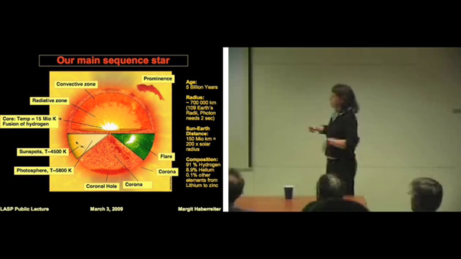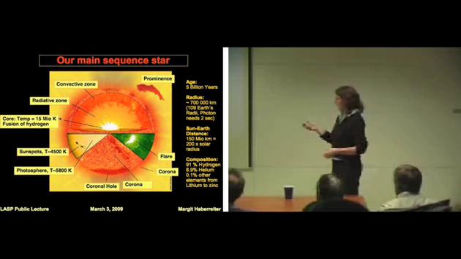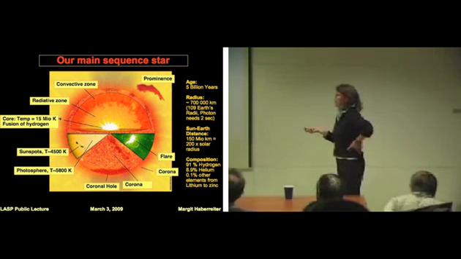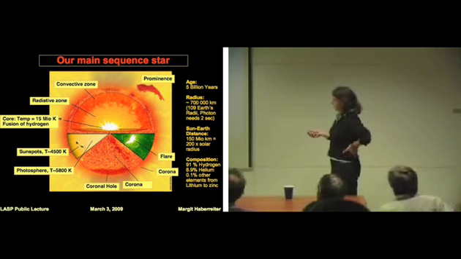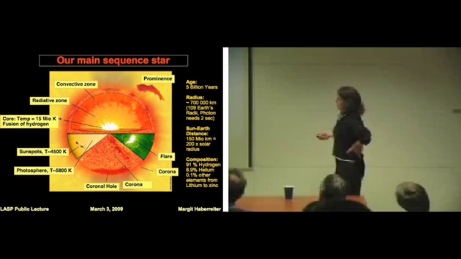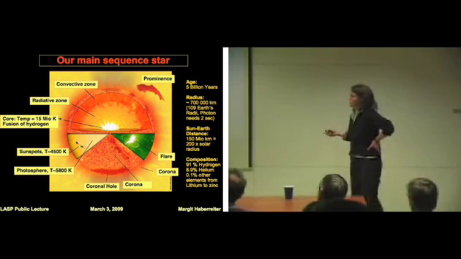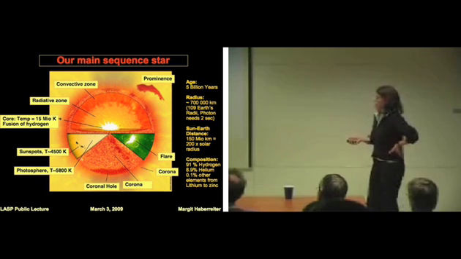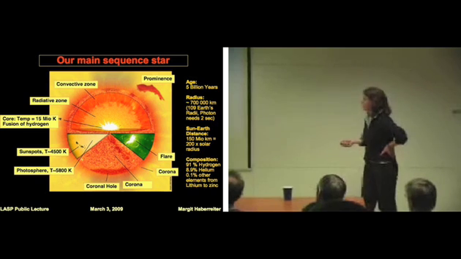Now this energy has to be transported outward. It can't stay in the core of the star, so it passes through the radiative zone in the Sun, and then we have the convective zone. From the convective zone, the next layer is the photosphere, at a temperature of about 5,800 Kelvin.